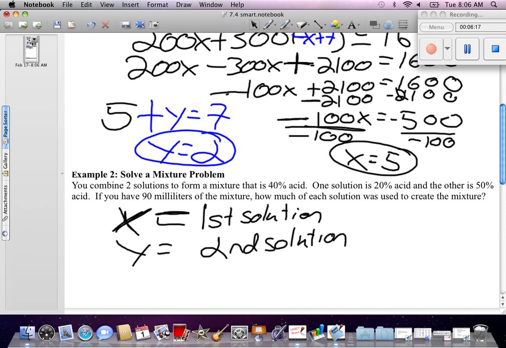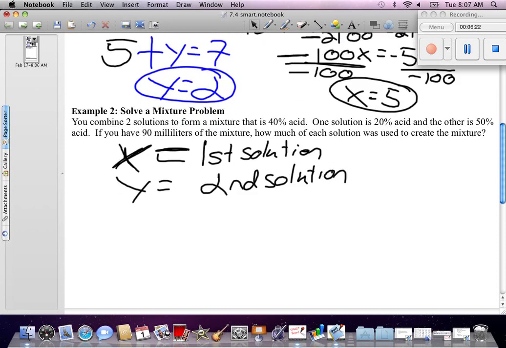Okay, the first thing I'm going to look at is how much solution was their total. Not acid percent, but how much was their total of my new solution when I mixed them together. 90 milliliters. So my first equation is going to say x plus y equals 90.